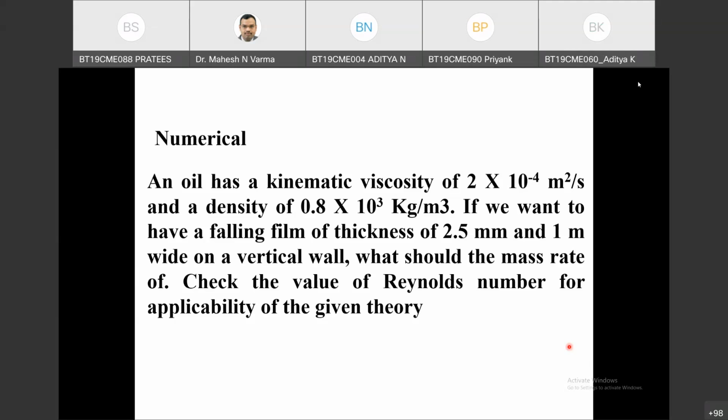First you get the mass flow rate, and then you can use this data to get the value of the Reynolds number. You can obtain the Reynolds number by using mass flow rate also.